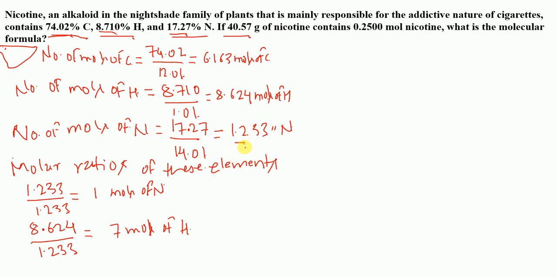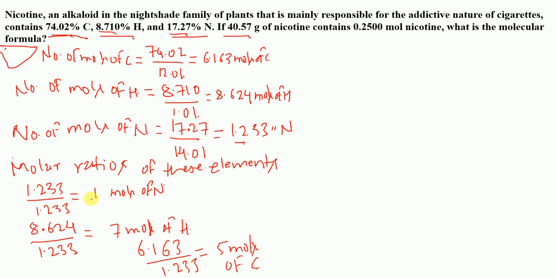So 6.163 moles of carbon will be divided by 1.233, and what will we get? We will get this number as 5. So 5 moles of carbon.